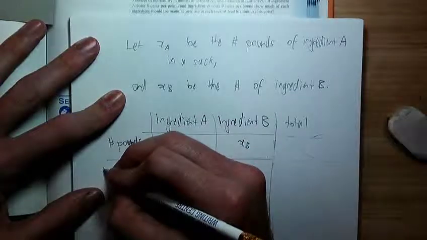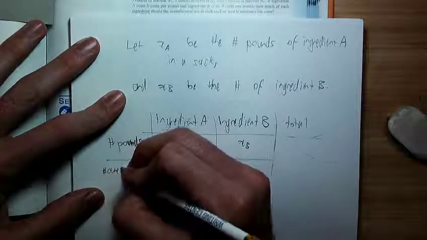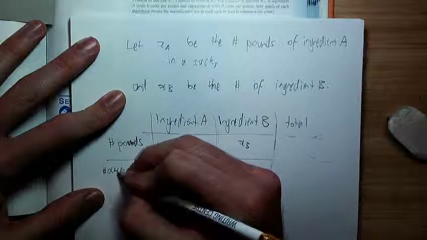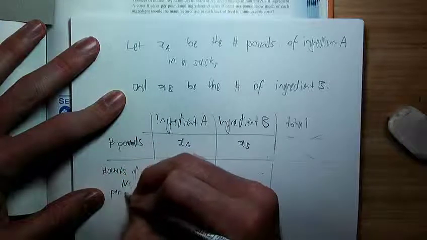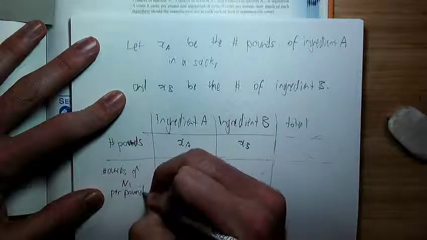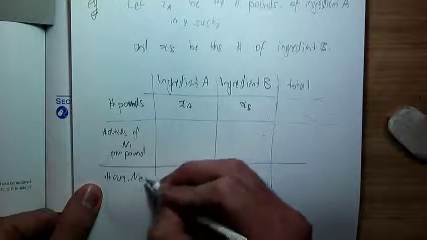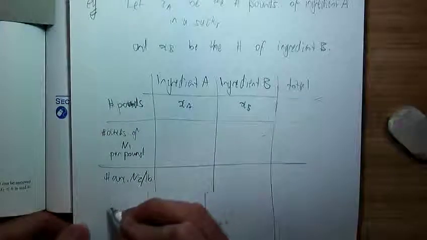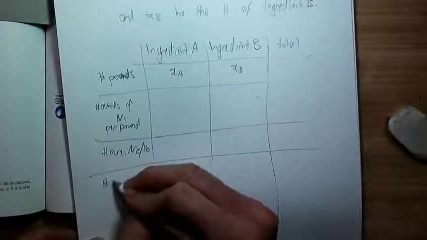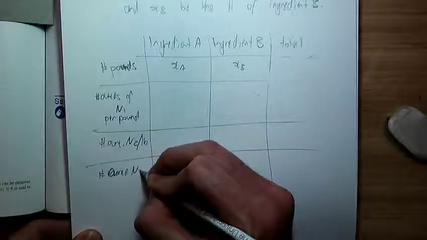So number of ounces of N1 per pound, and we've got number of ounces of N2 per pound, number of ounces of N3 per pound.